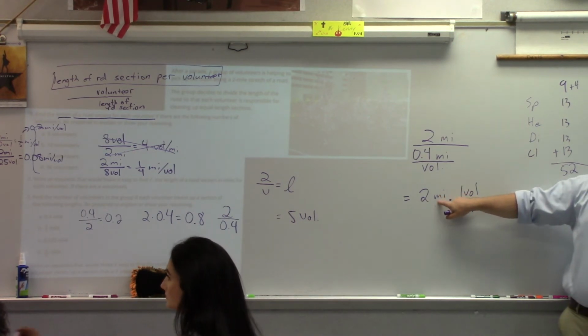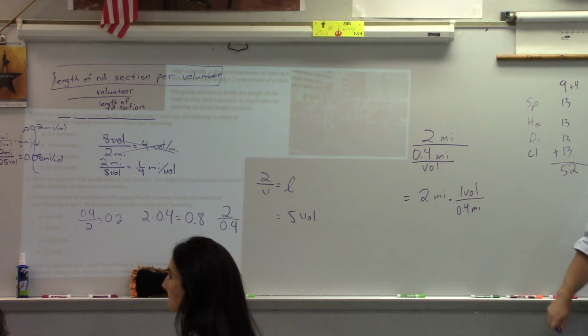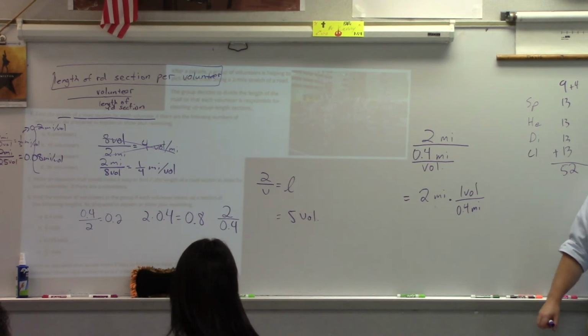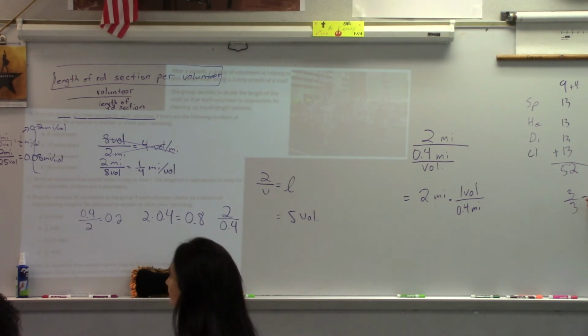Because what is miles divided by miles? Miles. What's 3 divided by 3? 1. What's x divided by x? 1. How can a letter become a number?